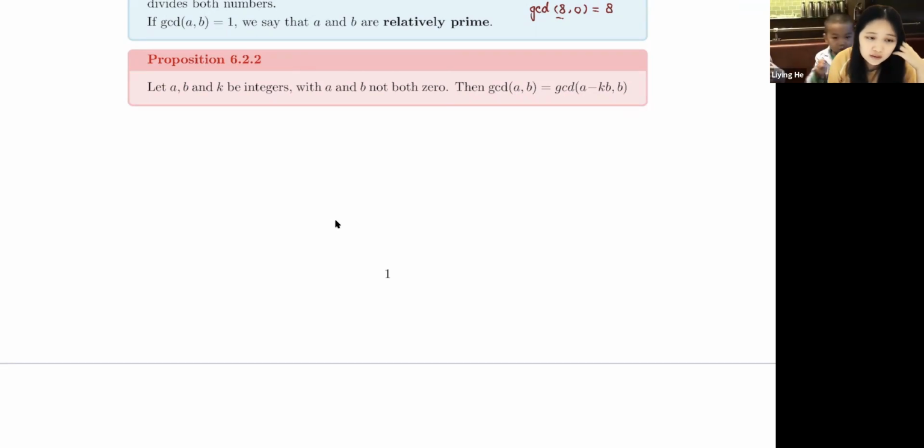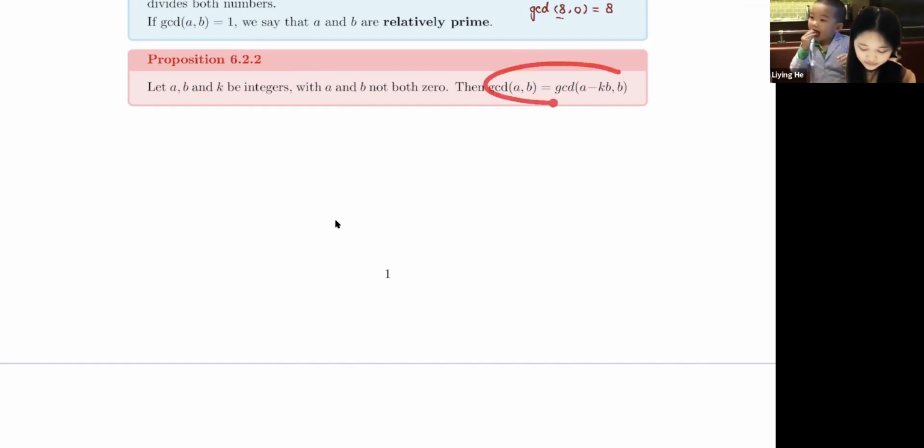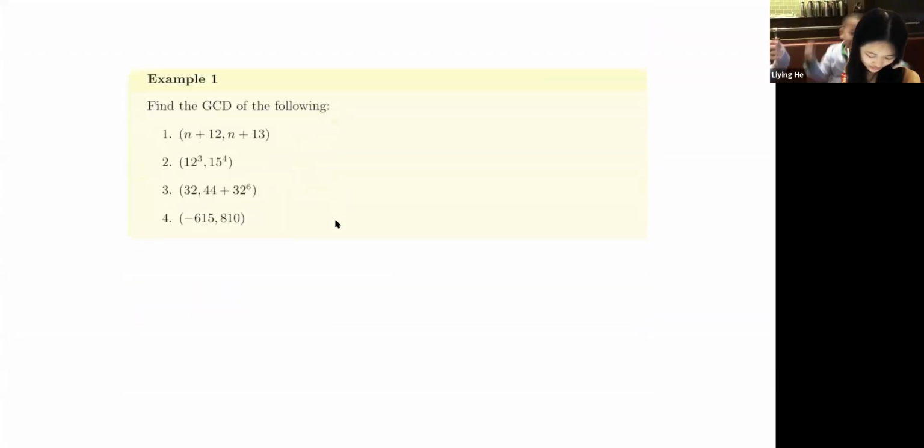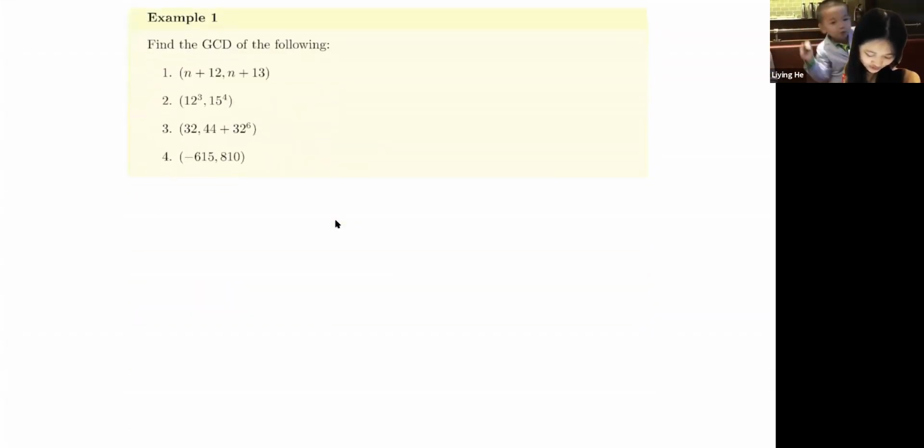If they didn't say you have to use the algorithm, you can just use this proposition, which is basically the algorithm, but sometimes it's easier to write. Anyway, let's look at the first example. Find the GCD of the following. I'll give you some time to work on this while I get some water. But yeah, try this question.